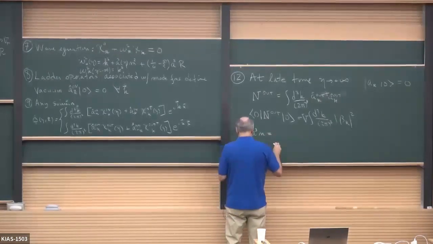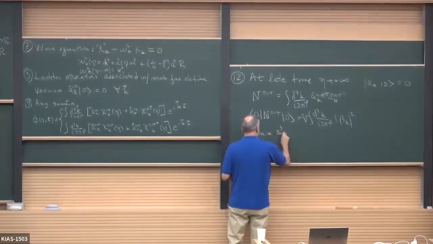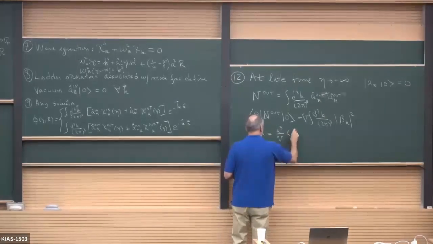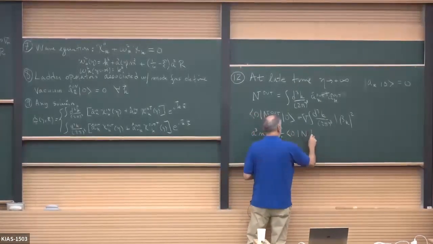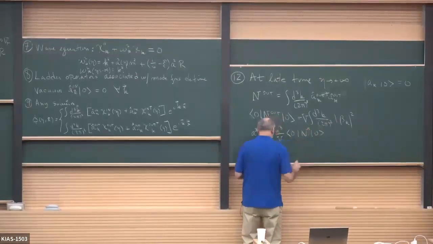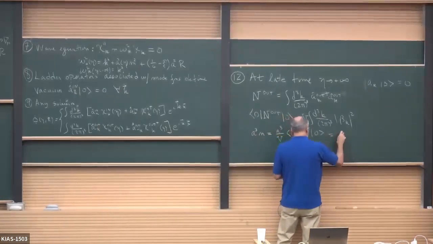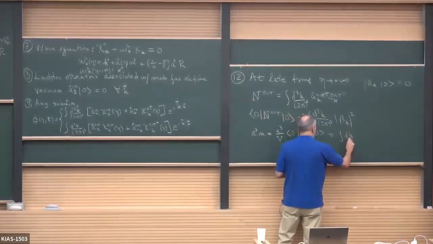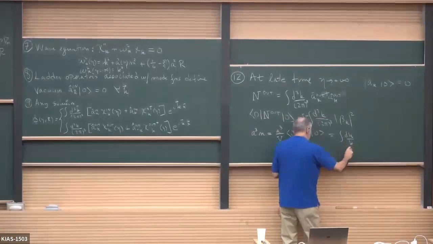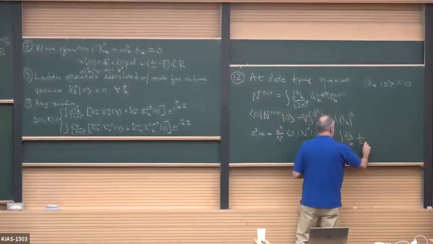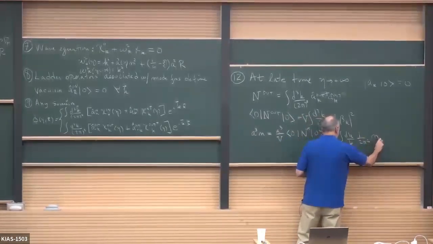I'm going to write it as a cubed over the volume. And this I will write as dk over k, 1 over 2 pi squared times n sub k.